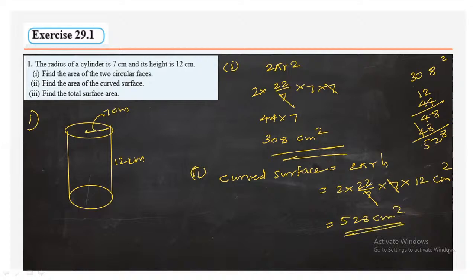Then you can find the total surface area. 308 square centimeter plus 528 square centimeter.